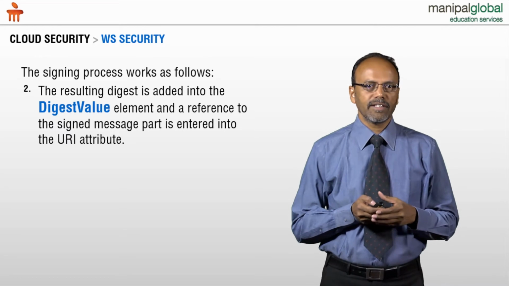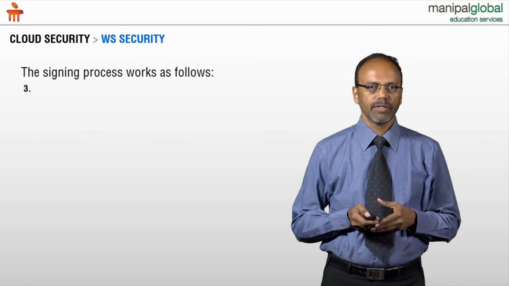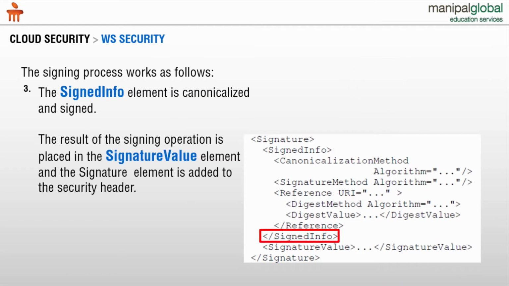Secondly, the resulting digest is added into the digest value element and a reference to the signed message part is entered into the URI attribute. Subsequently, the signed info element is canonicalized and signed. Now, the result of the signing operation is placed in a special element called signature value, and then this signature element is added to the security header.